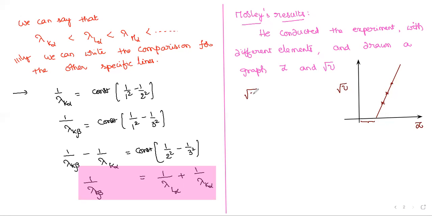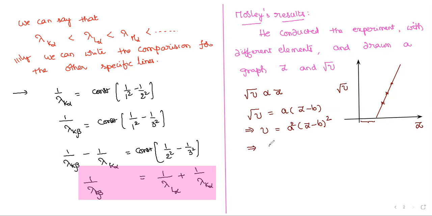So you can say that root nu is directly proportional to Z, but not like mx. Some slope a times the x intercept, so he took a(Z minus b). This was the equation proposed by Moseley. By this, we can say nu equals a squared into (Z minus b) whole squared.